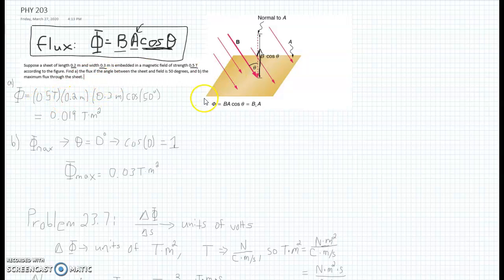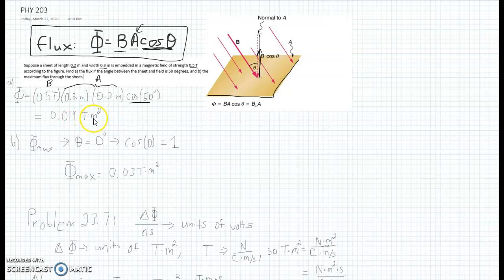The area of a sheet is my length times my width, right? So this is the field B, here's my area A, and the cosine of the angle between them. And when you run that calculation, you get 0.019 Teslas times meters squared.